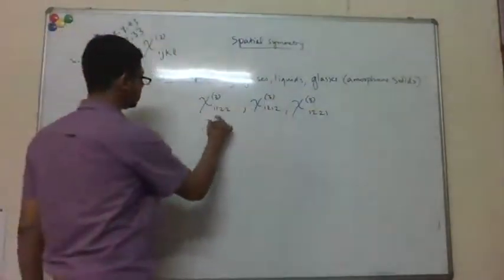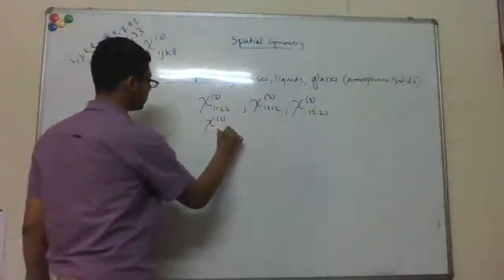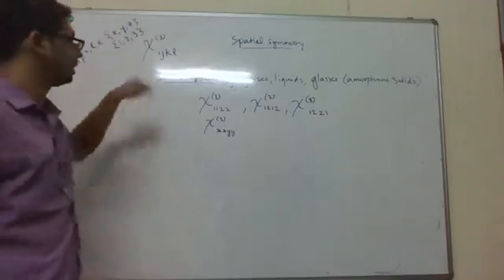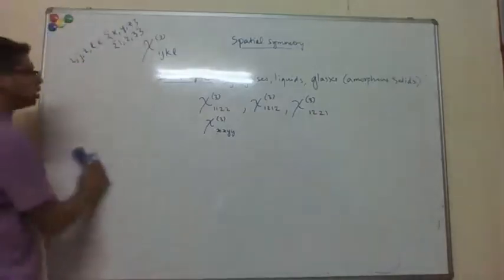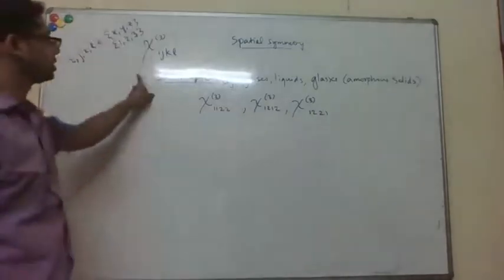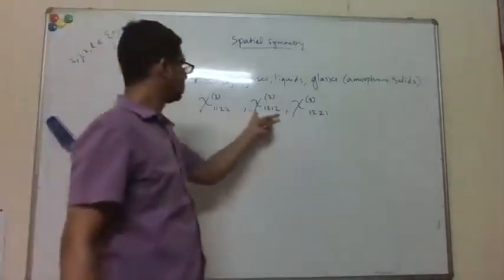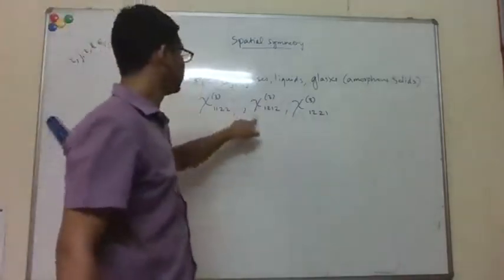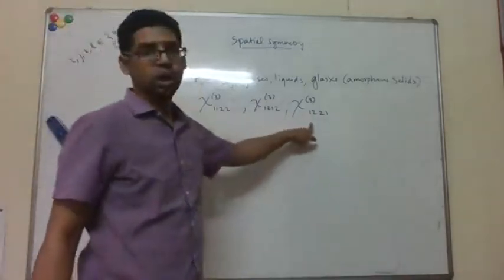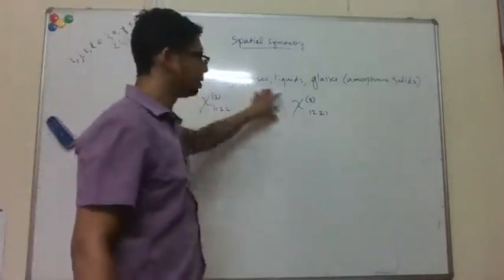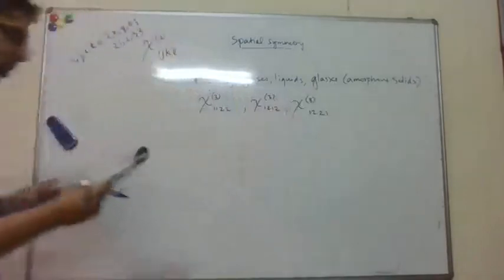I can write it like this, or sometimes you would see this written as x, x, y, y, where 1, 2, 3 corresponds to x, y, z. So for isotropic materials, instead of 81 numbers, I only need to specify 3 numbers, and all the others are either 0 or related to these.